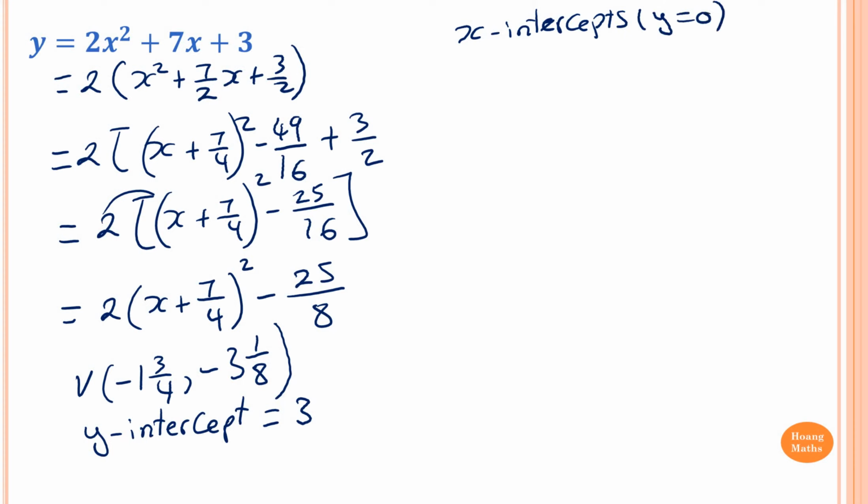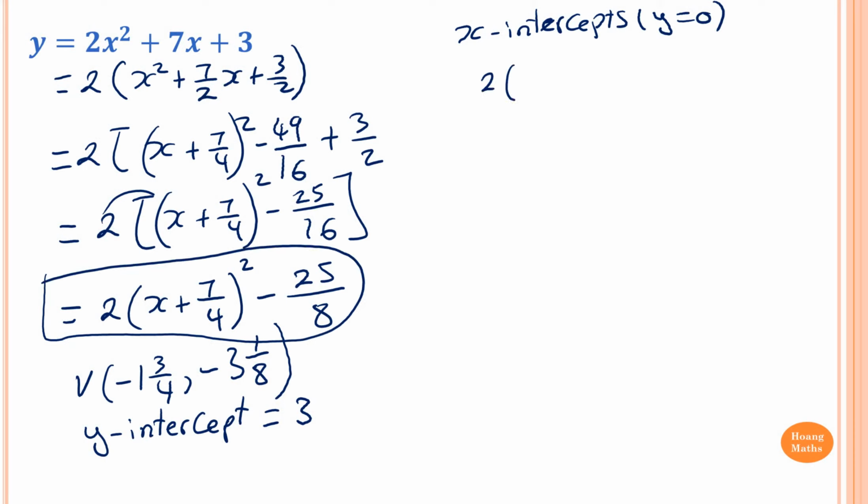So when y equals 0, this bit here is equal to 0. So which is 2 bracket (x + 7/4) all squared minus 25/8 is equal to 0. So I move this on this side.